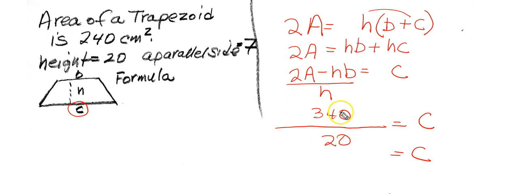And 20, keep in mind we can do this. Our 2 goes into 34 now, 17 times. So our side C then is 17. And if you put all of this back into the original formula, you'll see it ends up being 240. Okay, so just over 15 minutes.